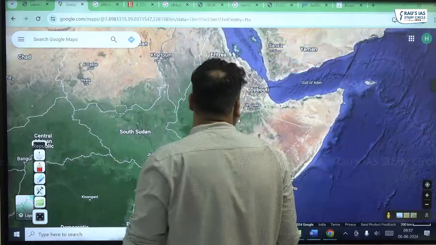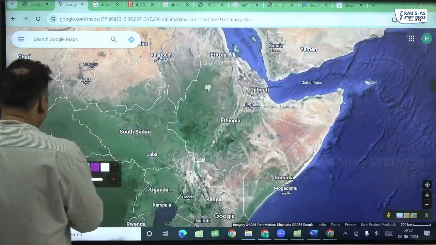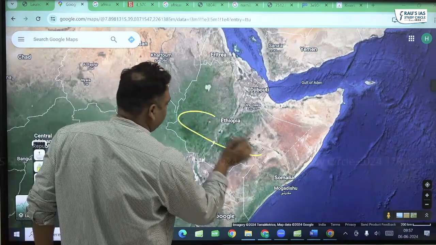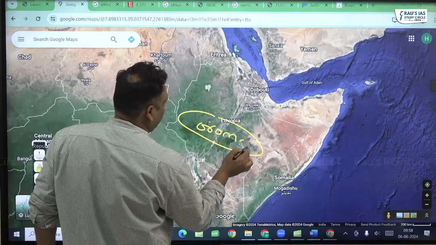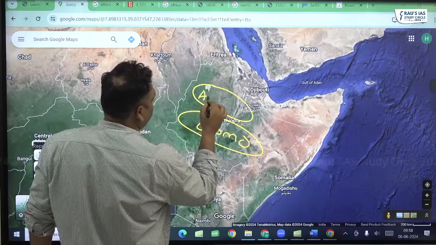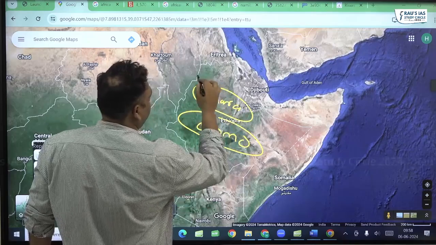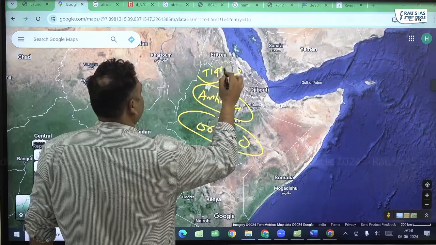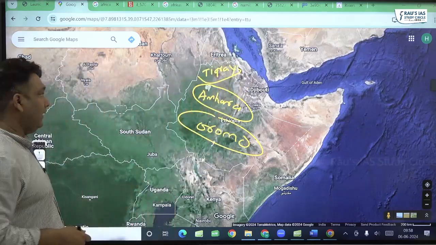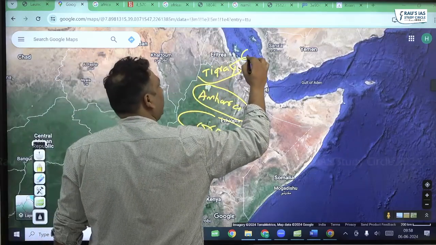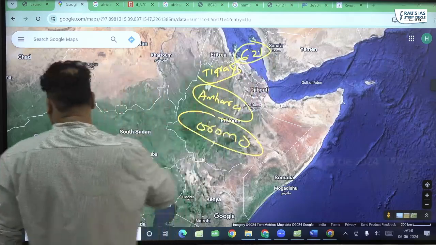Now let's see the complications here. It's quite complicated relationship. Oromo, Amhara, Tigray. So Tigray is just 6.2% of the population.